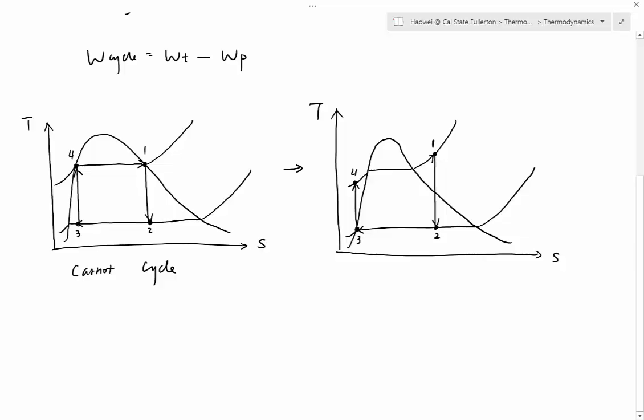Okay, and why do we like this one? Oh, first of all, the name of the cycle is called Rankine cycle. Why do we usually prefer Rankine cycle over Carnot cycle? Do you recall what is the area of the enclosure? Area of the enclosure tells you one thing.